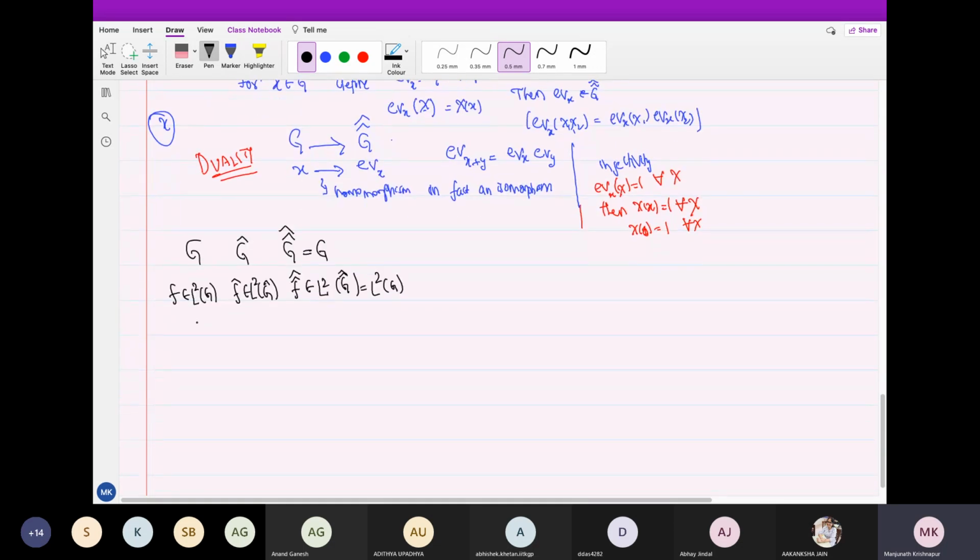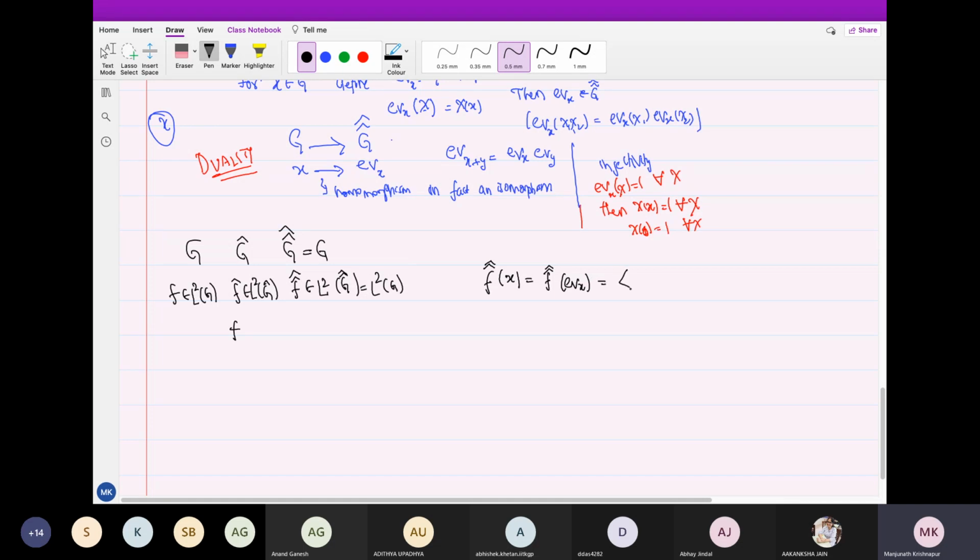Let's remember the definition. What is f double hat of x? By definition, it is f double hat at EV_x, because EV_x is the element of G double hat that's identified with x.